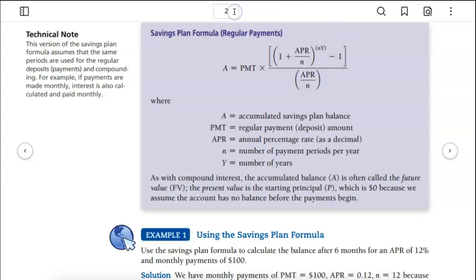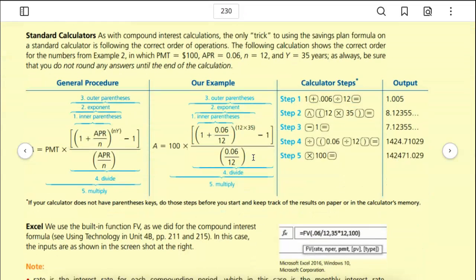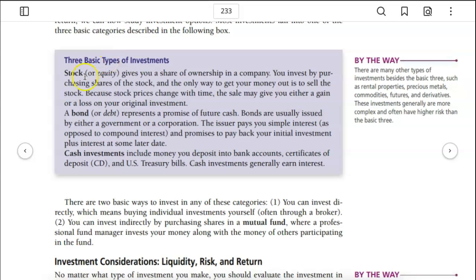To help you with that, on page 230, there is a technology piece here about exactly how you would type that into the calculator, again, following the order of operations. On page 233, there's some more vocabulary. Again, there's vocabulary throughout these sections, but this one's kind of the important vocabulary here in the purple rectangle.